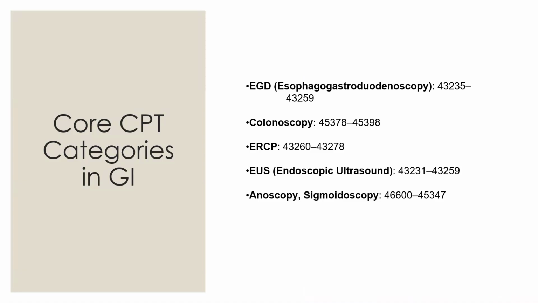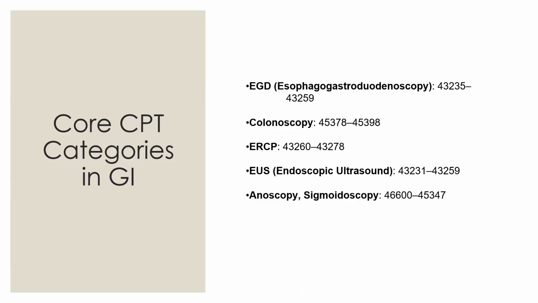You have the EGD, the range 43235 through 43259. You can find this set of codes and a picture of what an EGD looks like on CPT Codebook page 348. Colonoscopies, the range 45378 through 45398.